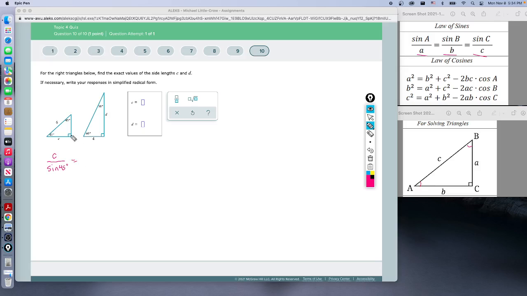That needs to be equal to the side length opposite the 90 degree angle that we have here, 6, divided by the sine of 90 degrees. It's very helpful when we have a 90 degree angle, because sine of 90 is 1.